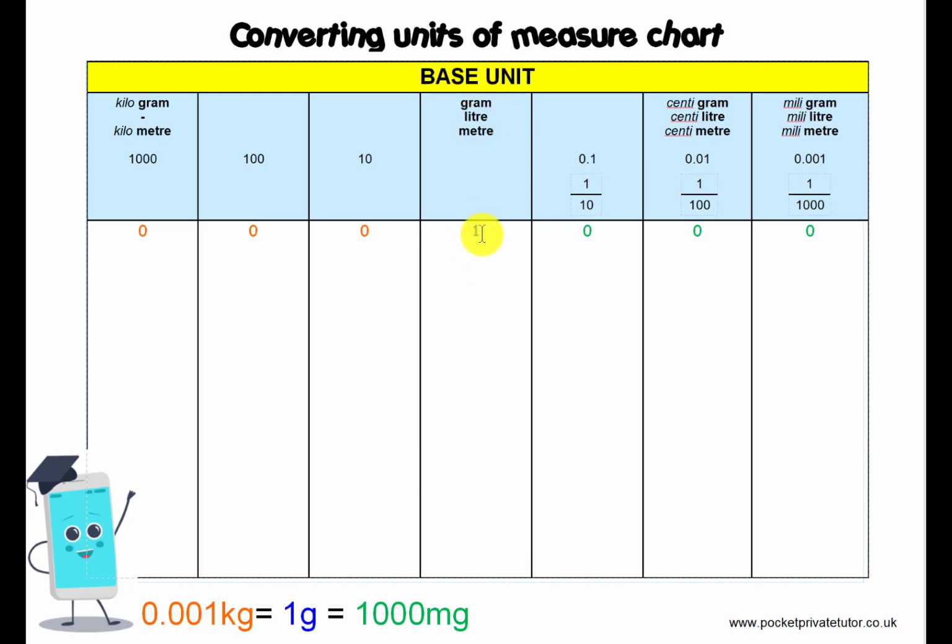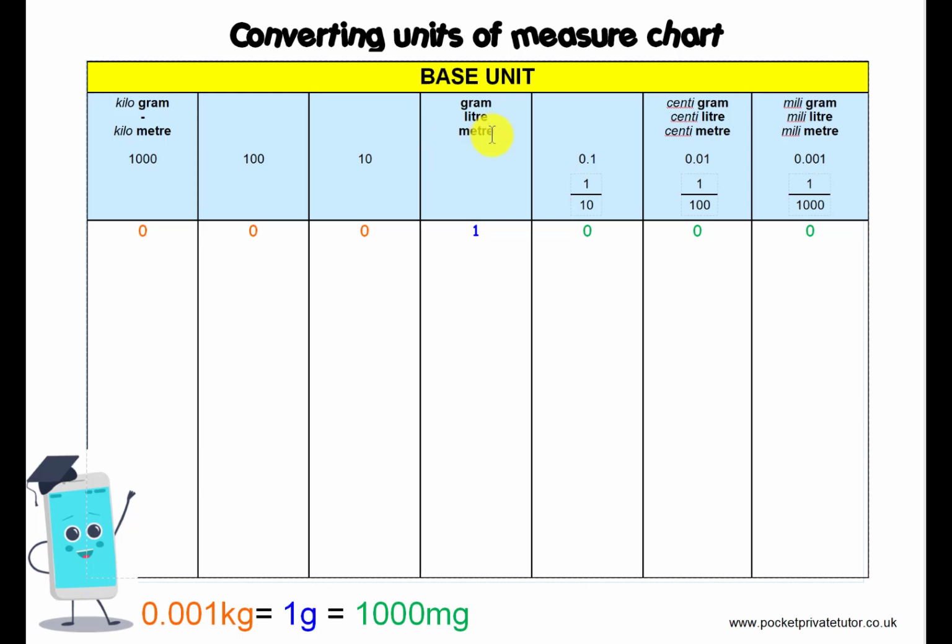So I've written here 1 gram. Now, if I am working with a place value chart, this will be times 10, this is times 100, this is times 1,000. So any base unit times 1,000 will be a kilo of that unit. So a kilogram is 1,000 grams, a kilometre is 1,000 metres, but we don't have kilolitres.